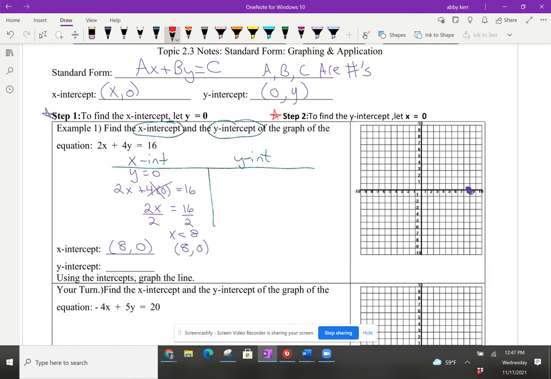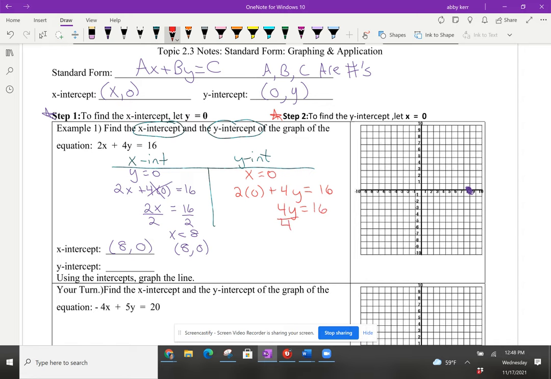For the y-intercept, it says step 2, find the y-intercept, let x equal 0. So then we have 2 parentheses 0 plus 4 times y equals 16. We're substituting 0 into the x value because we are not going left or right. All we are doing is trying to find the up and down movement.